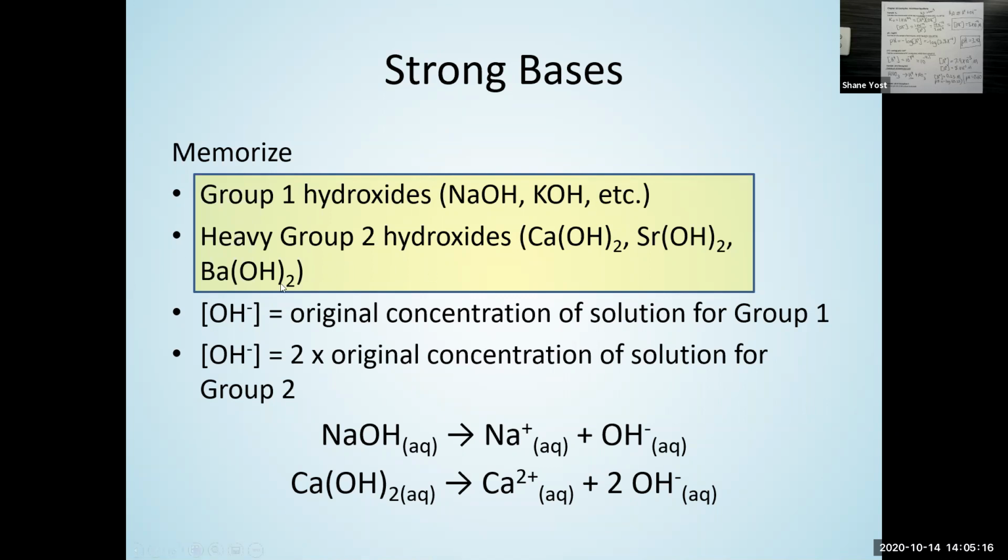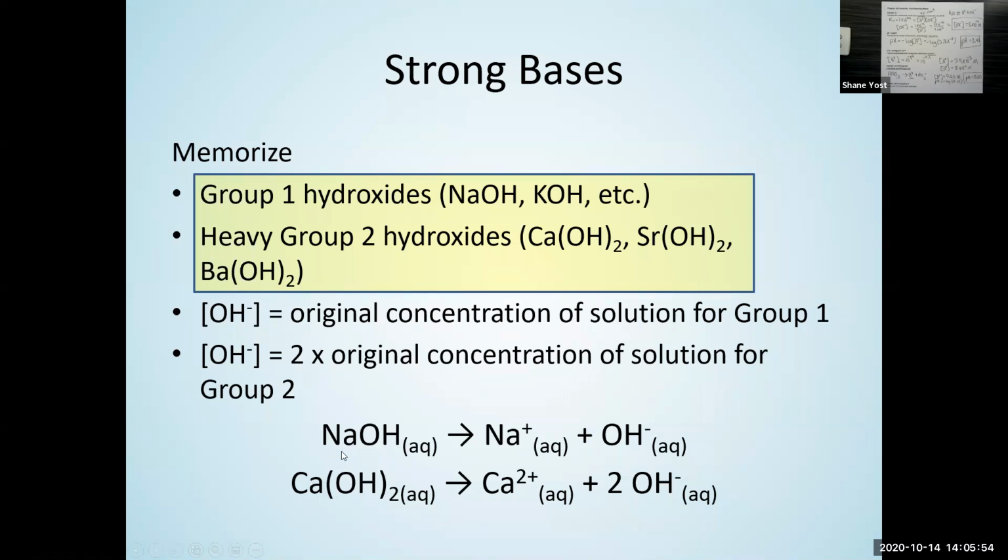For strong acids, we knew that the concentration of the acid equaled the concentration of hydrogen ions introduced in solution. It's similar here for strong bases, at least for the group 1 bases, because you just have one hydroxide per molecule. Sodium hydroxide just has one hydroxide, so it breaks off into sodium and hydroxide ions. But for your group 2 hydroxides, you have 2 hydroxides per base.